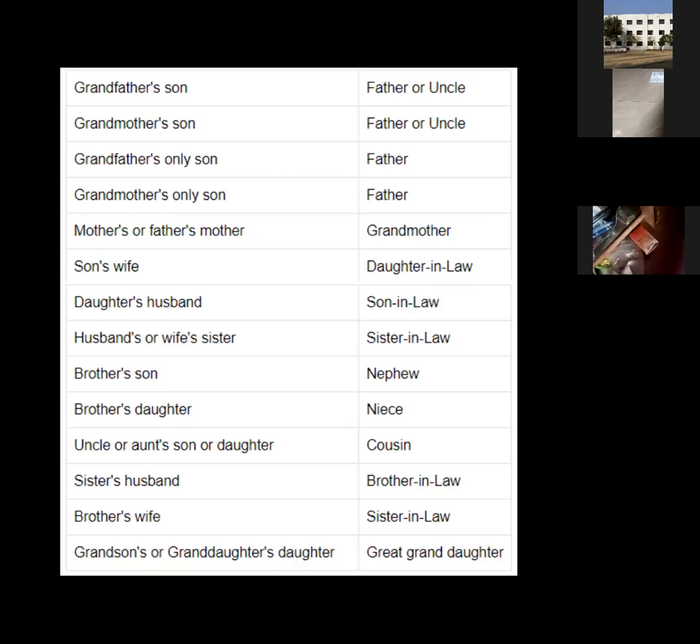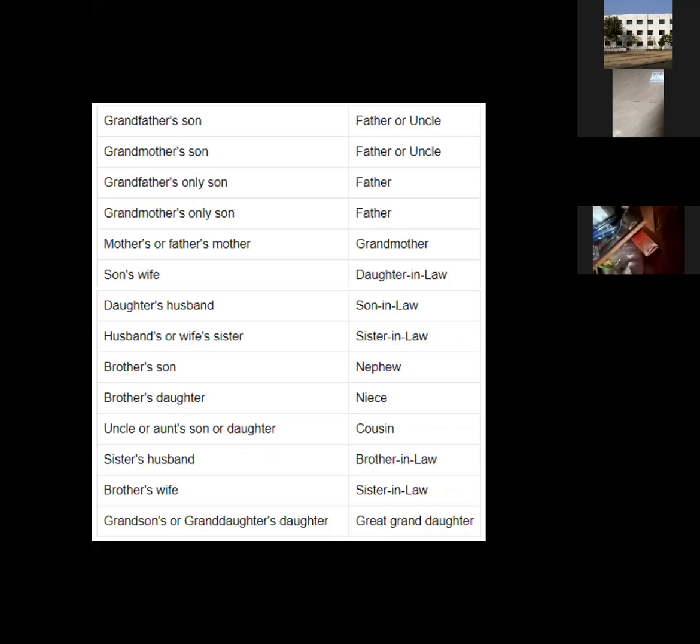So you can have this chart with you. Some of you might be having a problem identifying relationships.